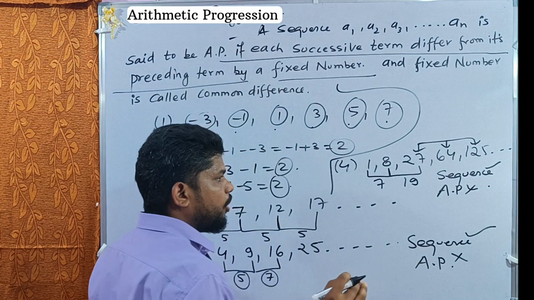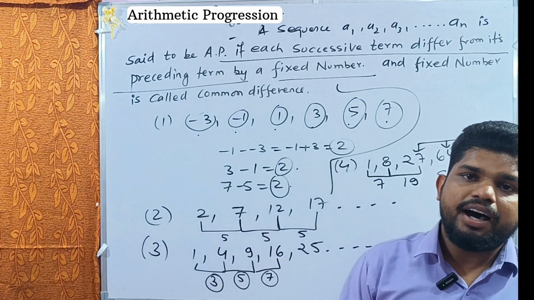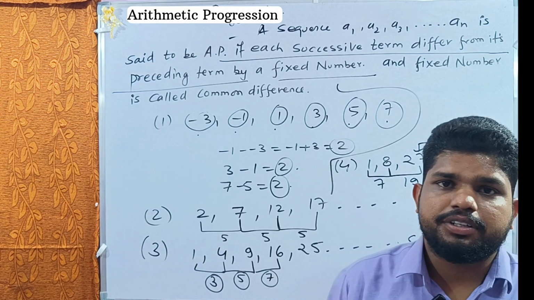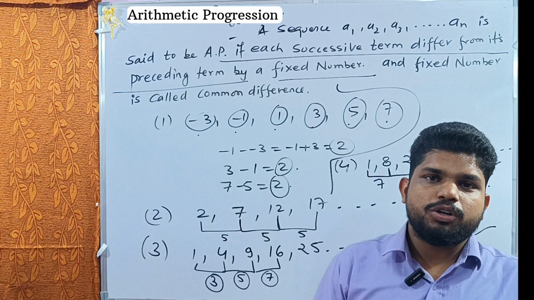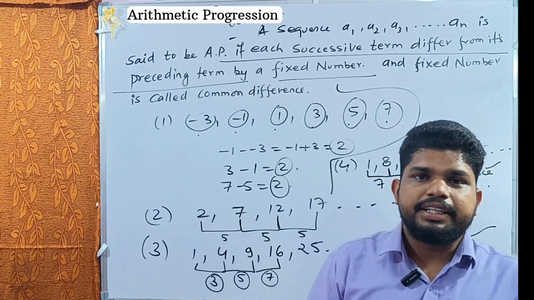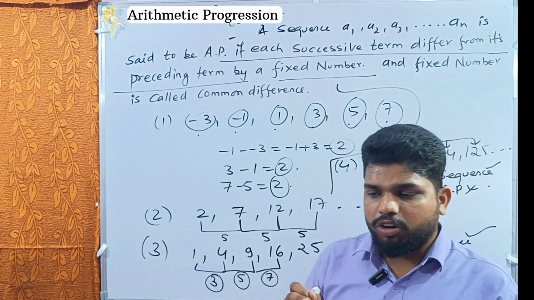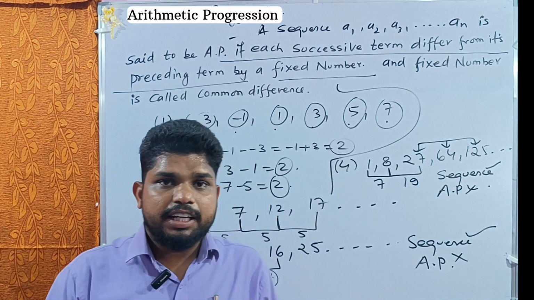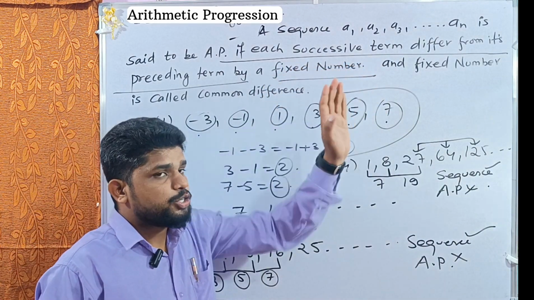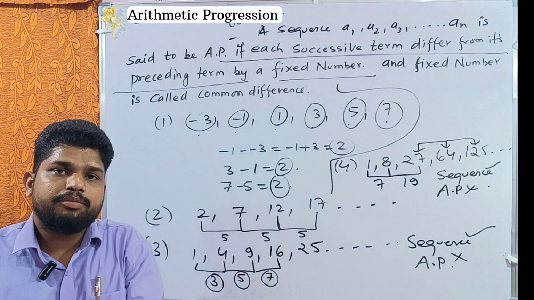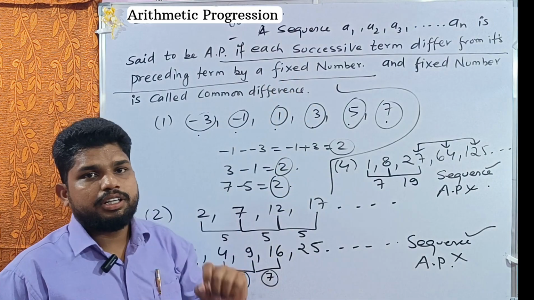I hope you have all understood that not all sequences are arithmetic progressions. A list of numbers may follow certain rules or a pattern, but it is not always an arithmetic progression. For an arithmetic progression, each successive term should differ from the preceding term by some constant or fixed number.